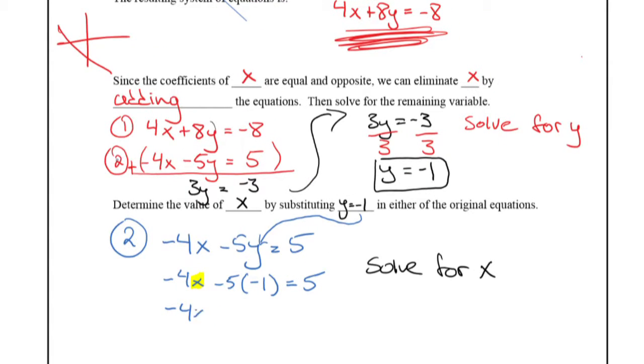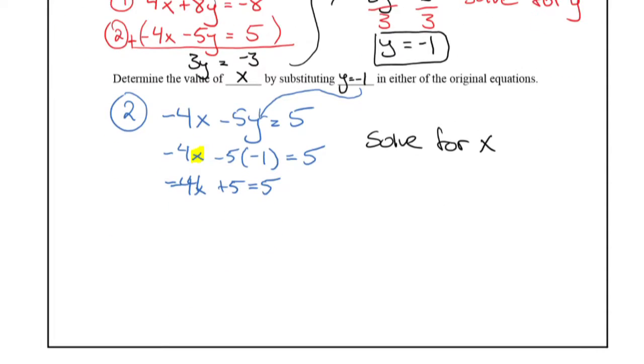Oh, I lost my minus 5s. Let's rewrite this. Oh, there it is. Perfect. Negative 4x plus 5 is equal to 5, and then I subtracted 5 from both sides to try to get x by itself.